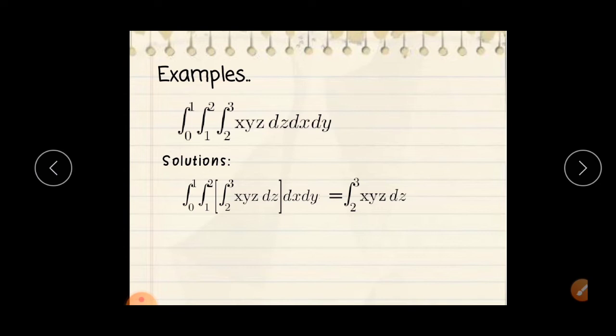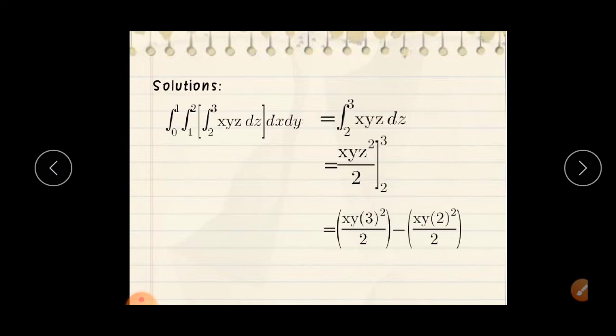The antiderivative of z is z squared over 2, so we have xyz squared over 2. We evaluate it from z equals 2 to z equals 3. So we have xy times 3 squared over 2 minus xy times 2 squared over 2.